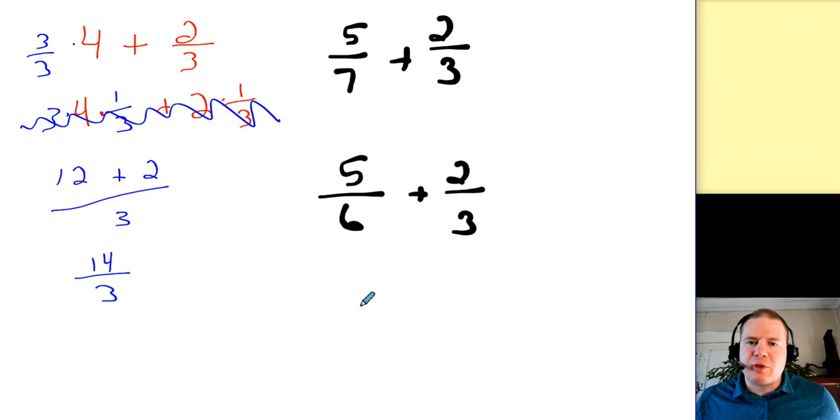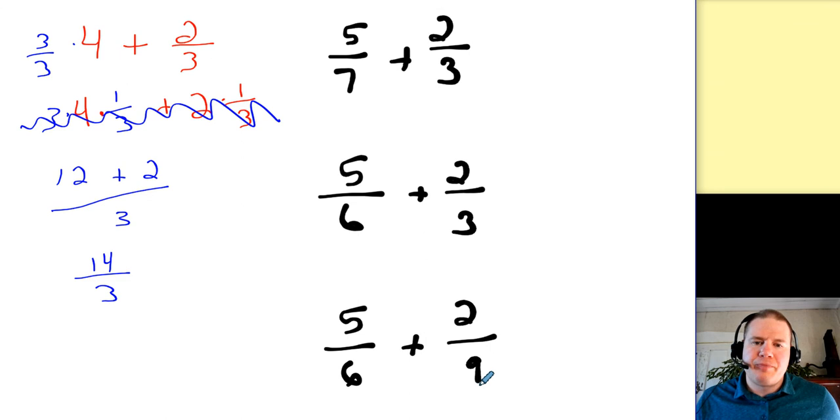Or we might have something like this. Now, we could just say, well, all of these we're adding fractions is the same kind of problem. But recognizing how these numbers relate to each other will guide our strategy for how to approach them. So let's look at our first example, 5/7 plus 2 thirds.